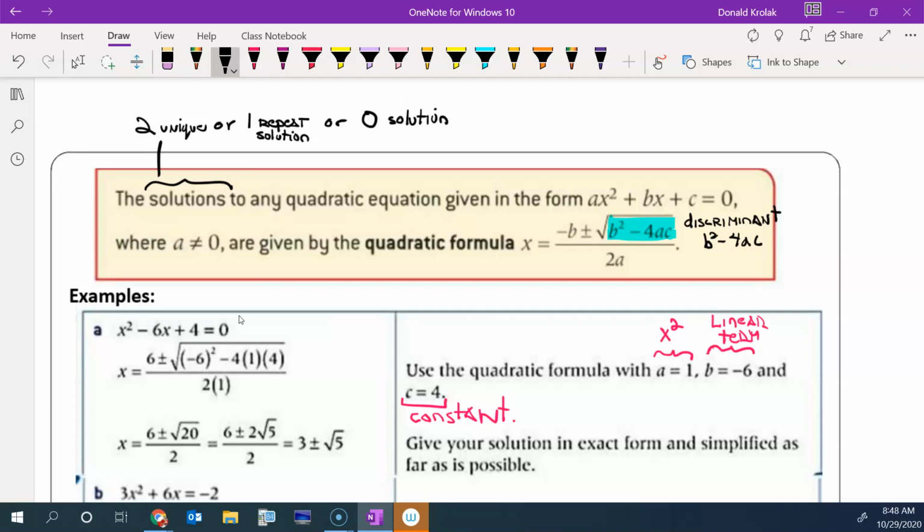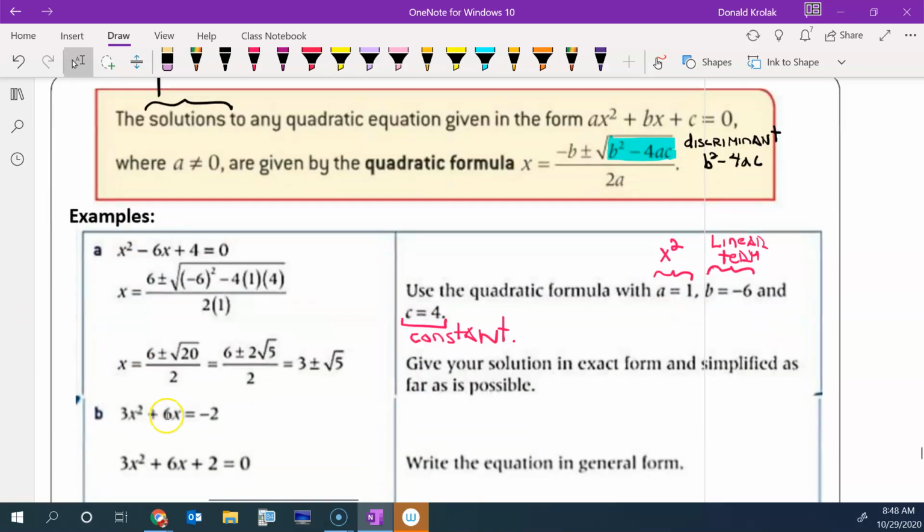So you could have two, one that is repeating, it's the same, and then no solutions. All right. So real quick, we'll go through a couple of examples here.